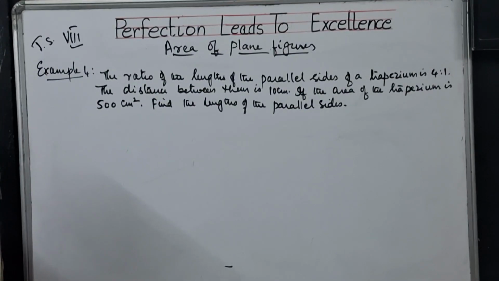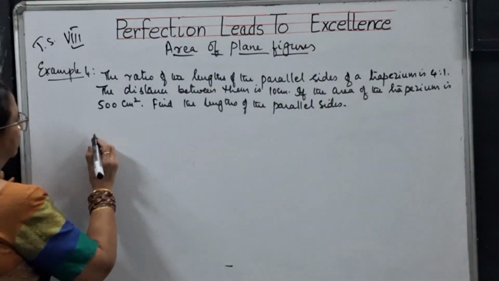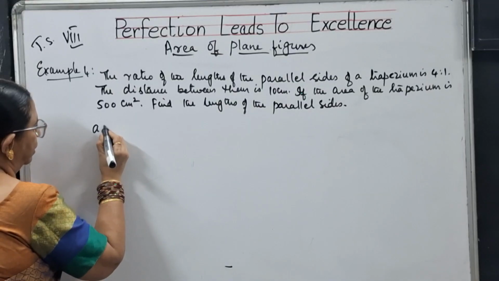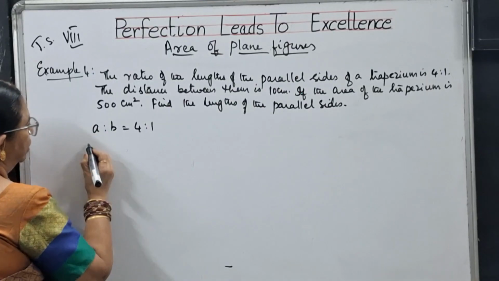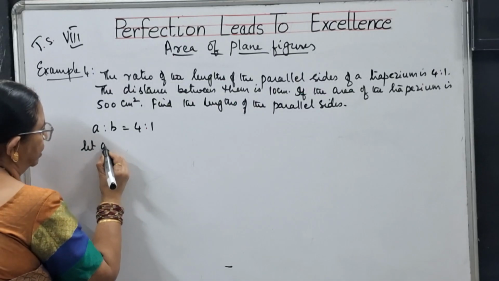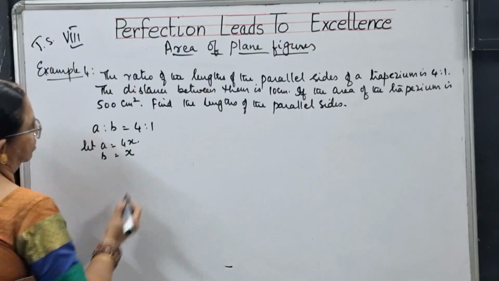Now, example 4. The ratio of the lengths of the parallel sides of a trapezium is 4 is to 1. So, parallel sides means one side a is to the other side b is equal to 4 is to 1. That means you consider a is equal to 4x, b is equal to x.